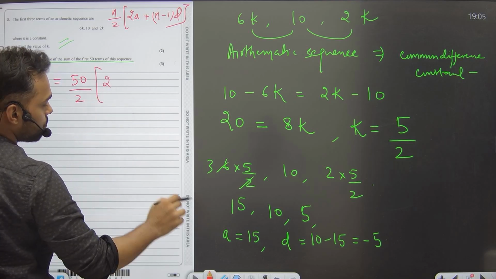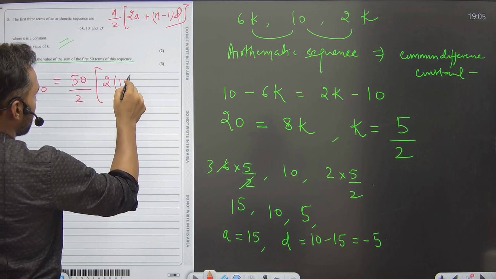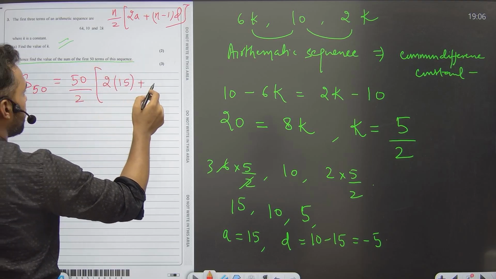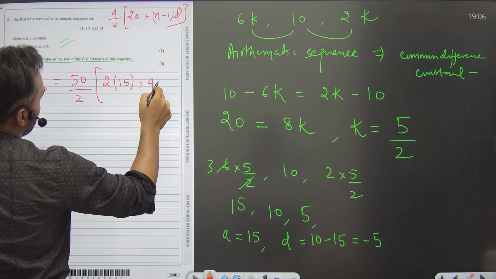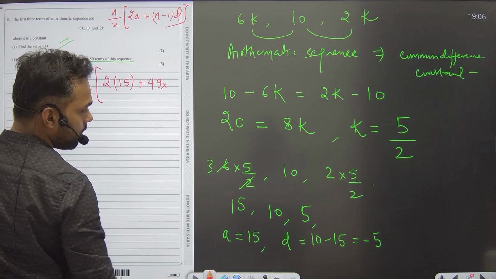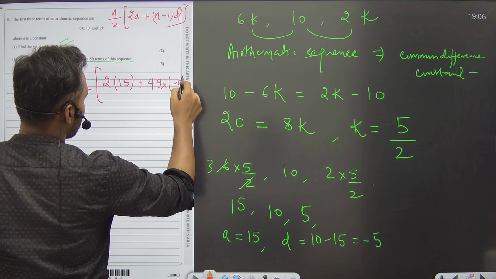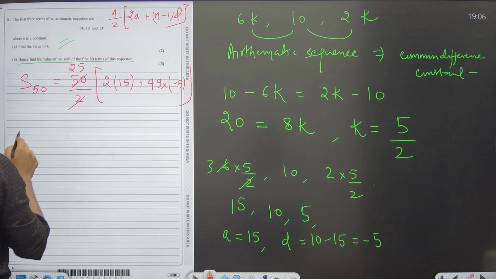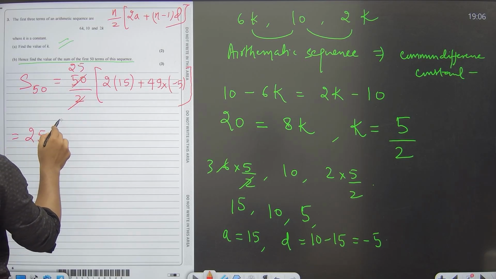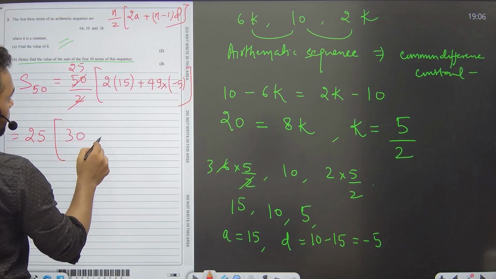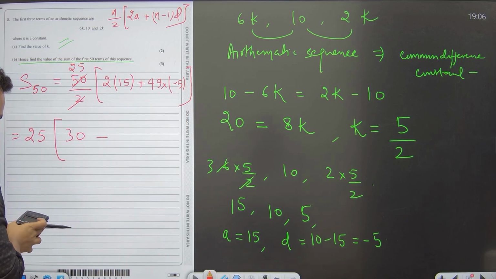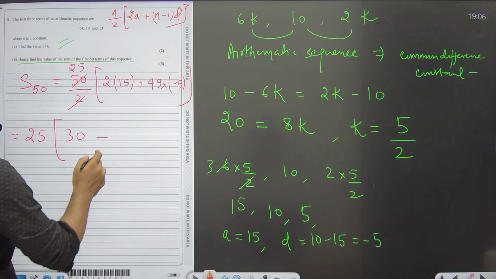2a, what is a, student? That is 15, plus n minus 1, n is 50, so 50 minus 1 will be 49, cross d, d will be negative 5. Here you will get 25, and when you calculate the values, you will get 30 minus 245.